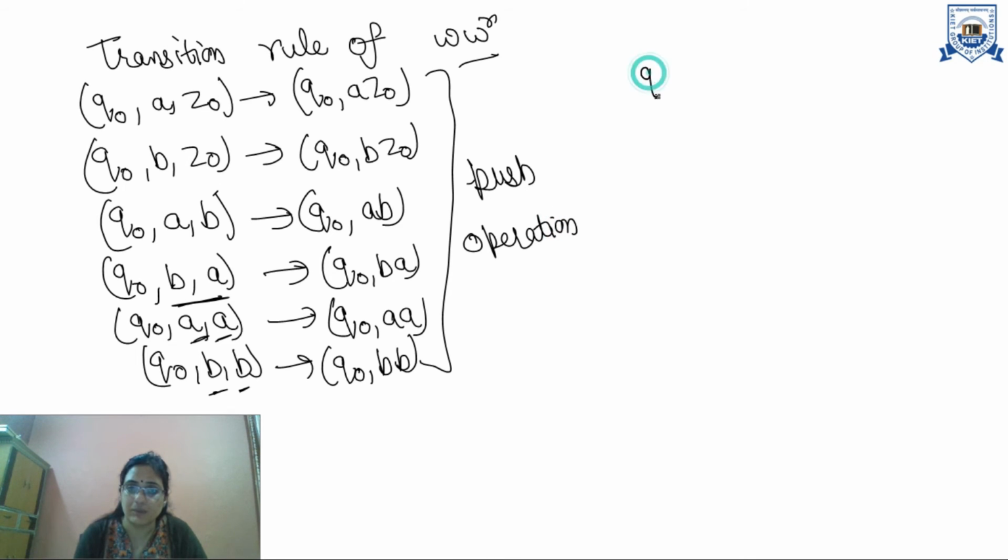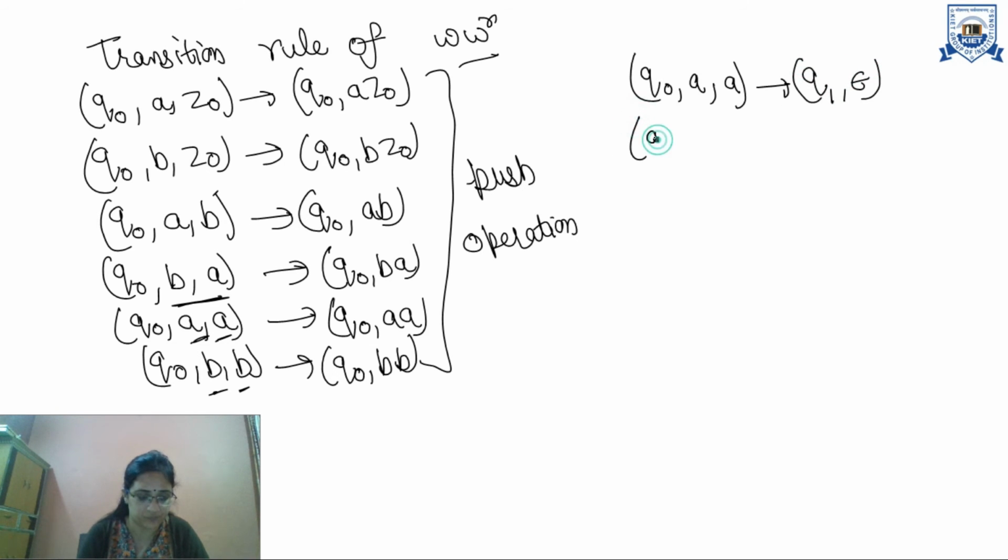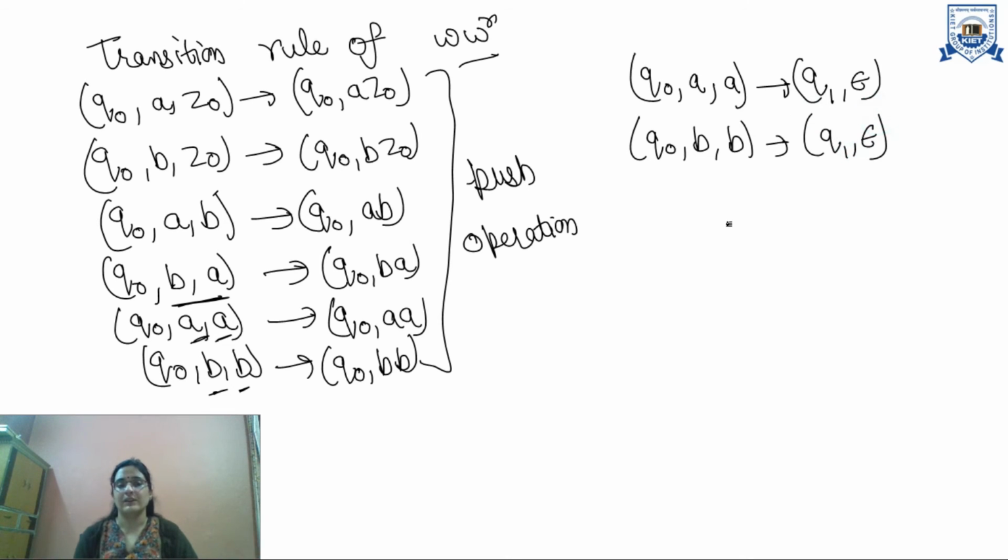And it may be possible that we are on state Q0, input symbol is A, top of the stack is A. As I already discussed, I have to perform the pop operation. Right. So, for same input symbols, as I didn't know the center point of this language, if both symbols are the same, that means input symbol and top of the stack symbol are the same, I have to perform more than one operation.